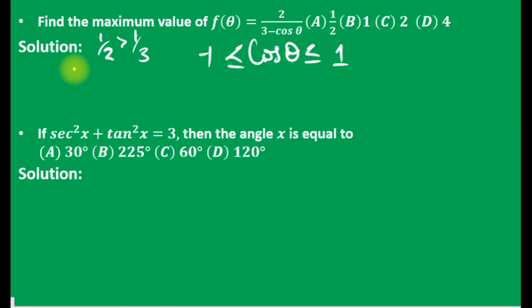So this is just 2 over 3 minus 1. Do you remember the logic? If I take -1 now, this thing will become a large number, because minus times -1 will be plus. So I will take the positive value so that the number down here will be very small.